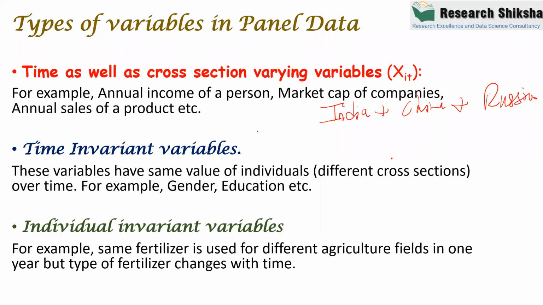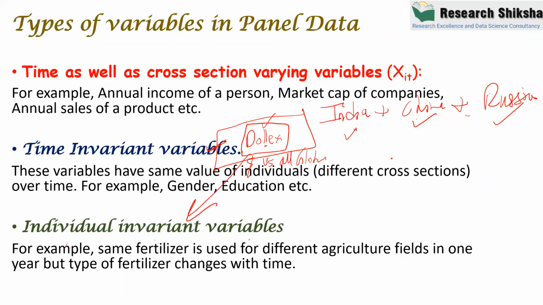And we take one variable called Dolex, the exchange rate of the dollar versus all global currencies. Now, the value of the dollar index is the same for India, the same for China, the same for Russia. So this variable represents the exchange rate, and for one year this value is the same for all the countries. This kind of variable is called an individual invariant variable.